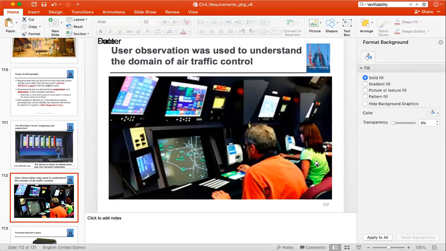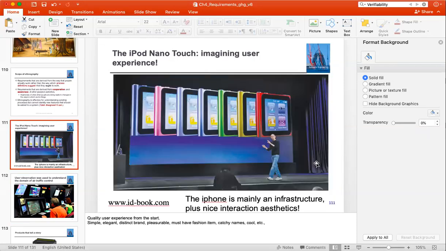Another great success story, obviously, is the iPod, iPhone family of products by Apple. Now, the iPod, I understand, came to Steve Jobs when he was out of Apple for many years, and he was observing how people listen to music in the public domain.